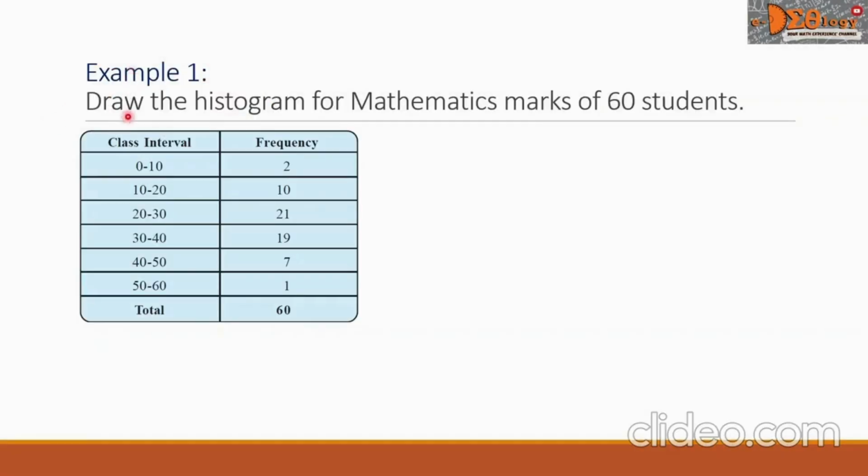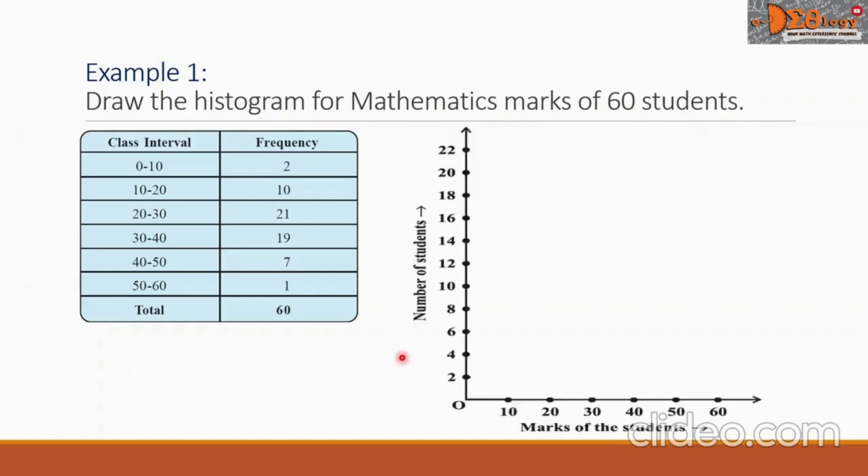Example 1. Draw the histogram for mathematics marks of 60 students. This is our table. Let us draw the vertical and horizontal axis. The vertical axis is for the frequency.